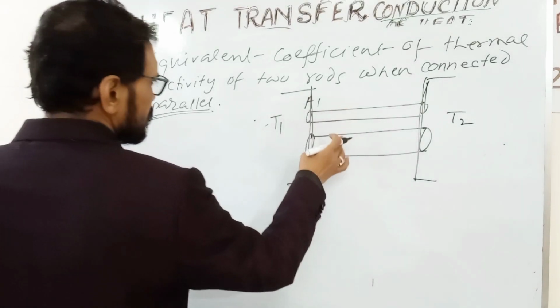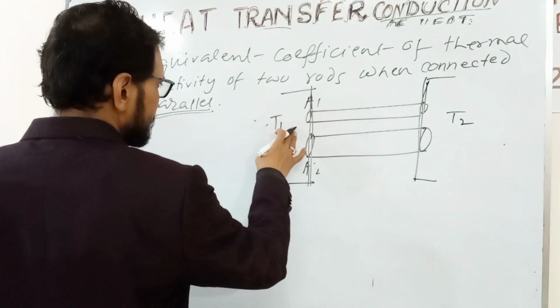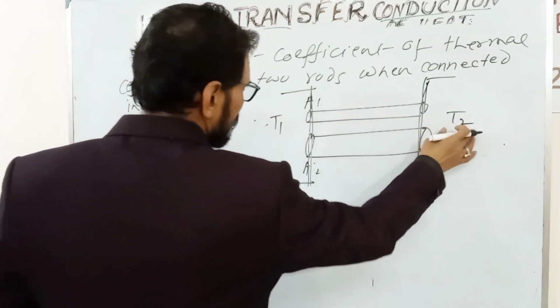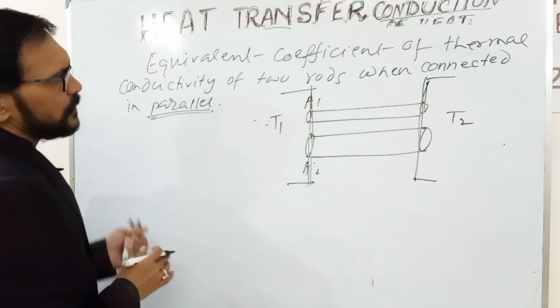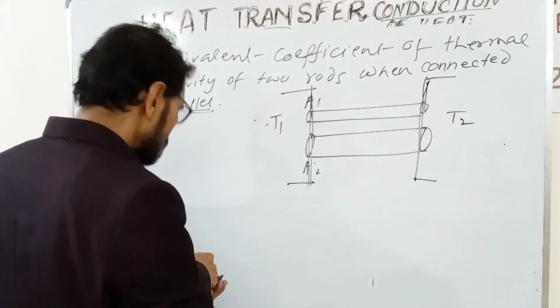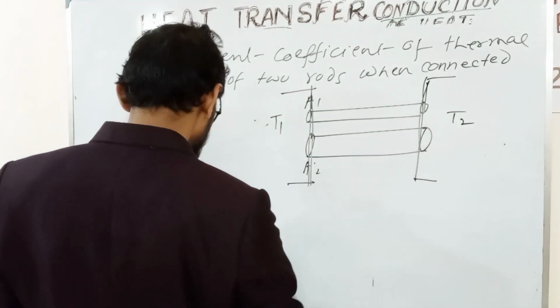So two rods or two slabs are connected to the same hot and cold reservoirs. Now what is the condition of parallel connection? For parallel connection, the length must be the same.